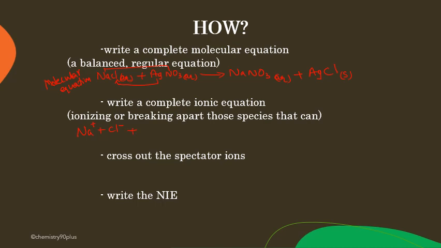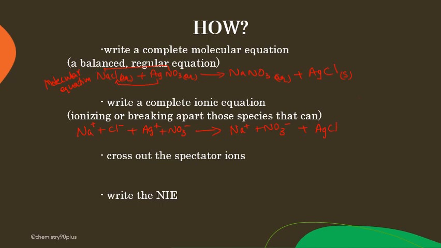Silver nitrate also dissociates into silver ions and nitrate ions. On the product side, again, we have sodium ions and NO3 ions. And AgCl is a solid. A solid will not be in ionic form, so we write it as such.